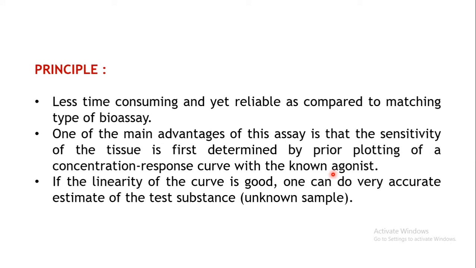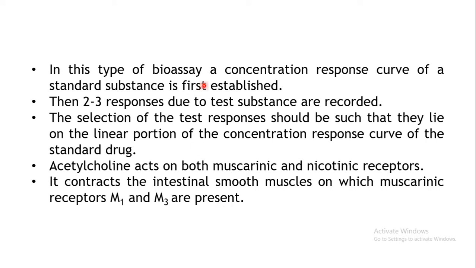By carrying out this DRC, you are checking that the tissue is giving appropriate responses. As you increase the dose, the response is also increasing. That can be clearly identified from the dose response curve of the standard drug. And if the linearity of the curve is good, one can even estimate the accurate concentration of the test substance or the unknown sample.